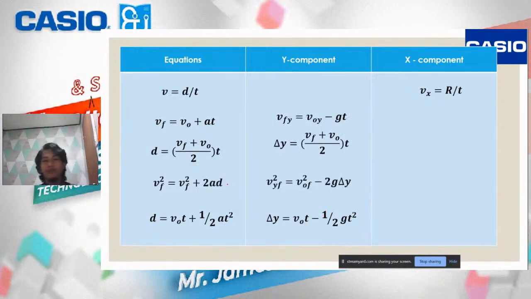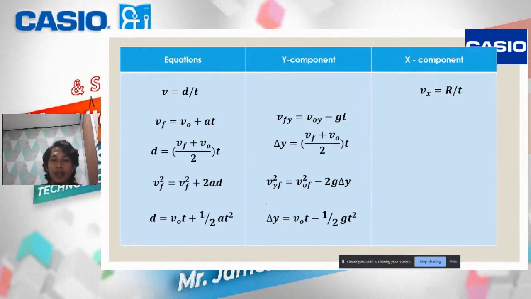So, notice, again, sa x component, itong mga equations na to, hindi natin makikita. Kasi, sa x component, like what I have mentioned, ang value ng ating acceleration is 0. So, therefore, ang ating velocity here is constant. Okay?